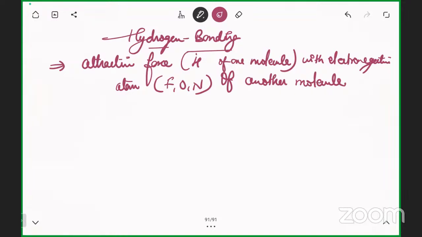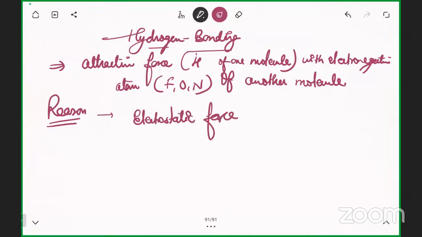What is the cause of formation? What is the reason why there is an attraction? The responsible force is electrostatic force. Remember electrostatic force when I started this? What was electrostatic force?